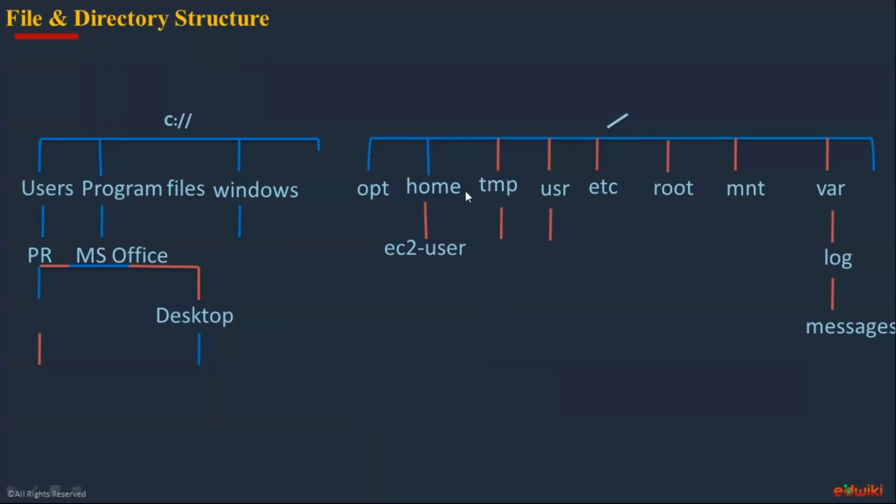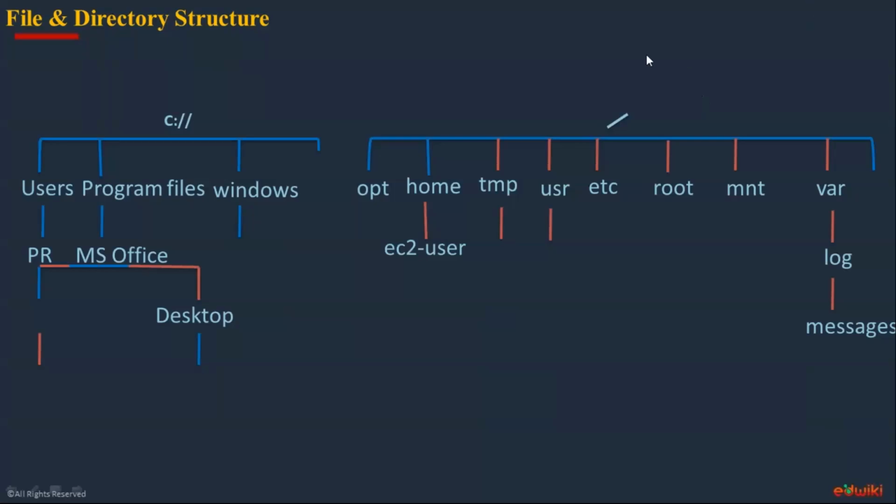Now, usually one directory will have another directory, right? The top directory is called a parent directory, and the directory below is called a child directory. Now here, let's say HOME is the parent directory of a directory called EC2-user.